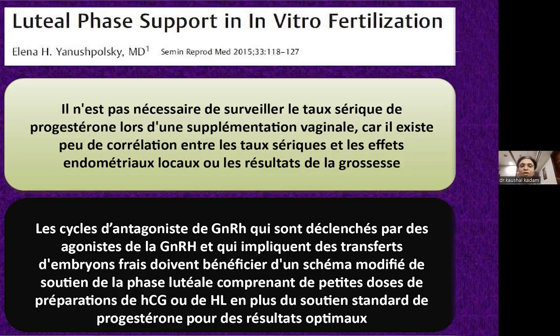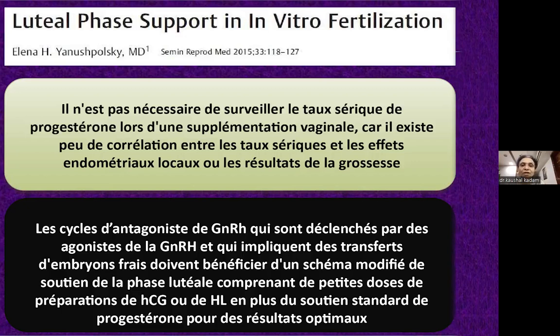So what we know is that when we are doing GnRH antagonist cycles, say you have a patient who has polycystic ovaries and the estradiol level was high, so you gave a GnRH agonist trigger. But what you found out was that probably the ovaries were not so bulky, or you do want to do a fresh transfer in that cycle, then you need to give small doses of progesterone.